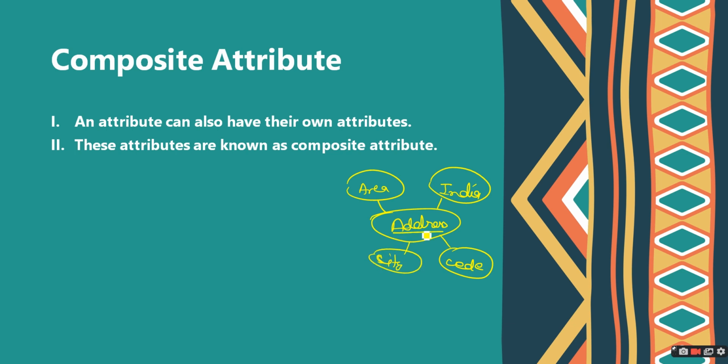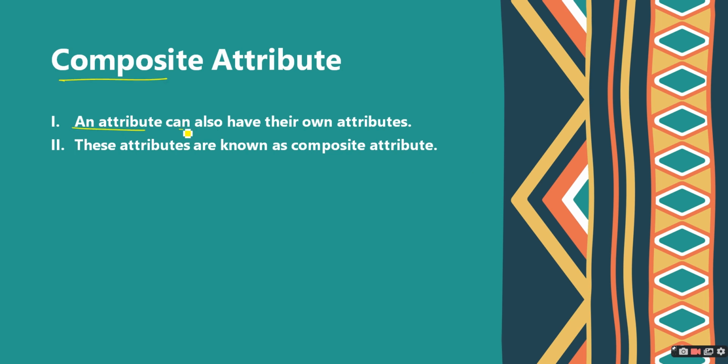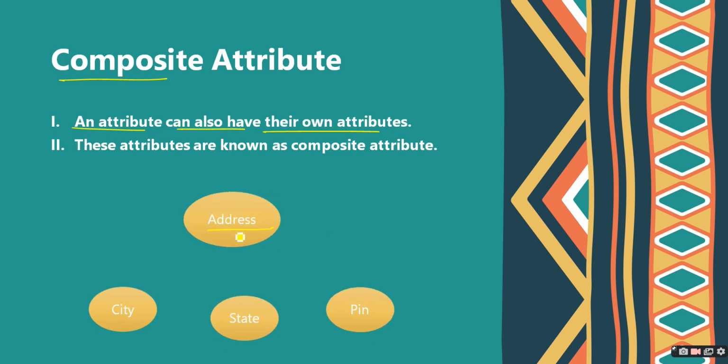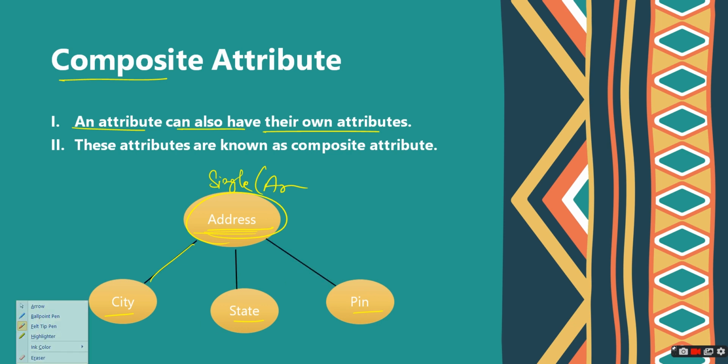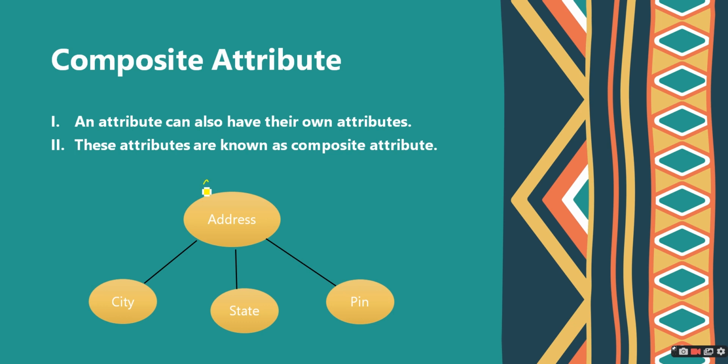See how this address has multiple attributes, an attribute inside of an attribute, right? So this address can have city, state and pin. This is a single or simple attribute, but it again has many attributes, so this address will be termed a composite attribute.